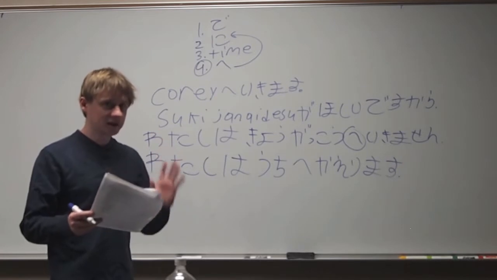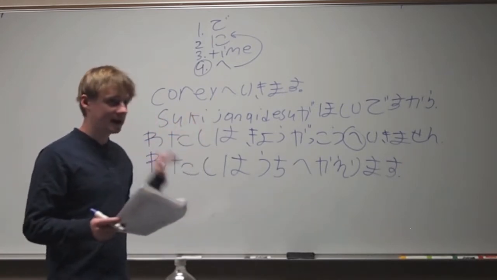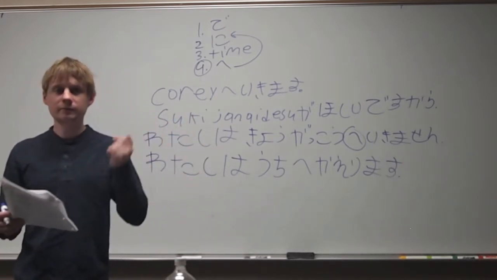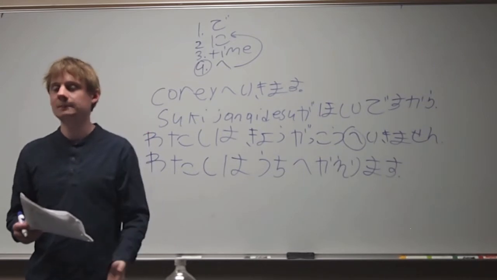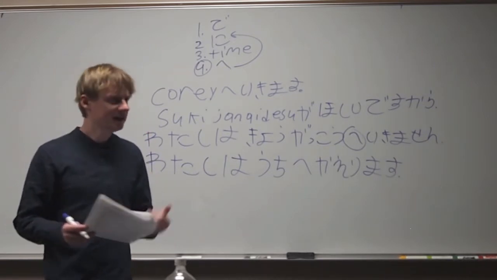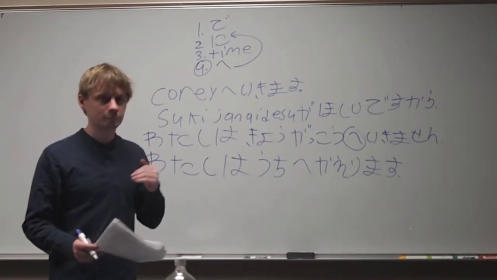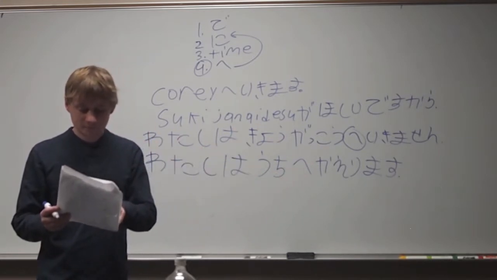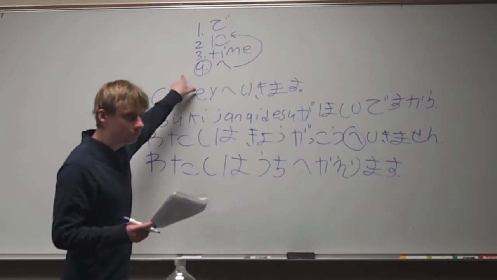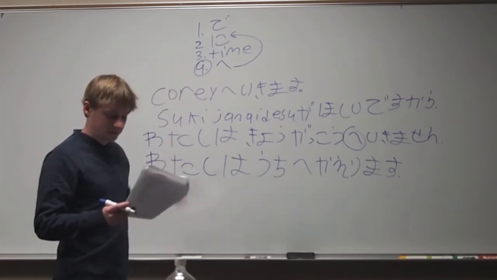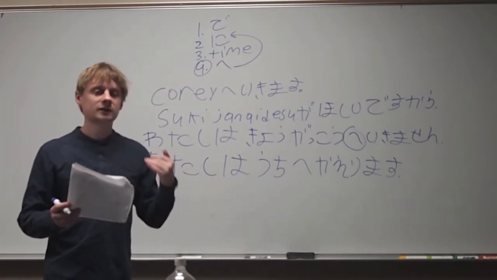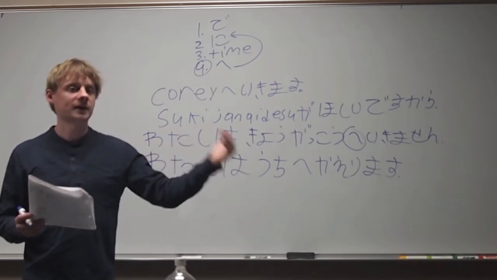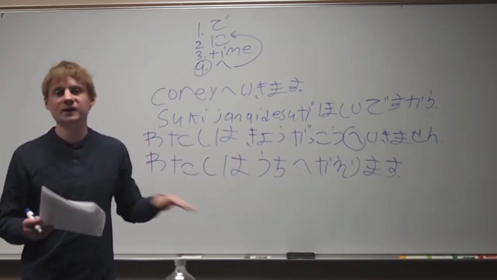So, the difference between ni and e is that ni can be used for time, and ni can be used for a goal towards moving somewhere. In this one, e can only be used for the movement of a person or a thing to a place, not time movement.